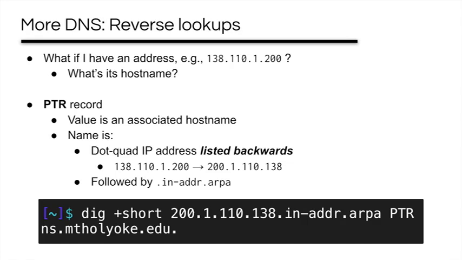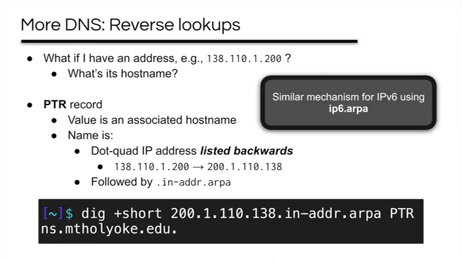You can see that this particular IP address is associated with ns.mtholyoke.edu, which is Mount Holyoke's name server. There's a similar mechanism for IP version 6, where instead of adding in-addr.arpa, you add ip6.arpa.